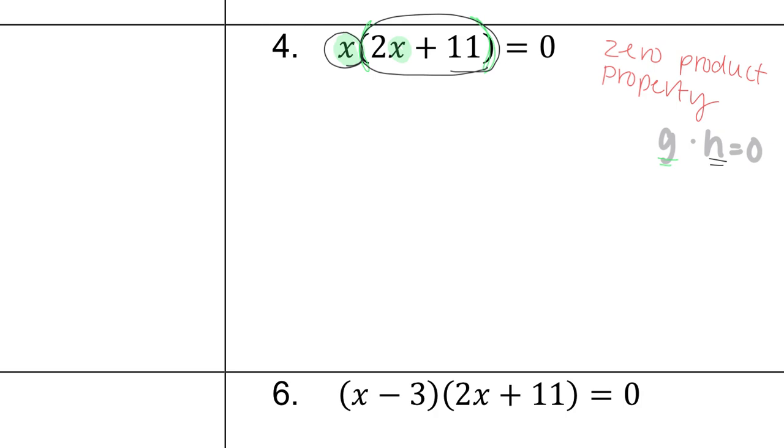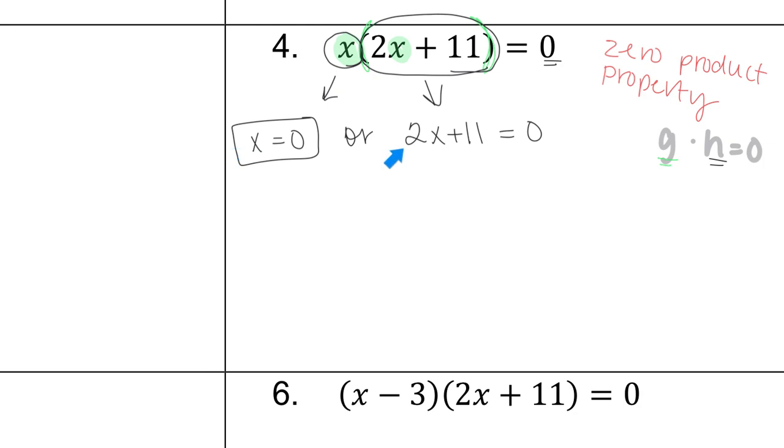So that means either x has to equal 0 to get an answer of 0, or 2x plus 11 has to equal 0. So we're taking each factor and setting them equal to 0. Now this first one we didn't have to do anything with because it was just x. This other one though, we're going to have to solve to see what value of x will make this whole factor 0.